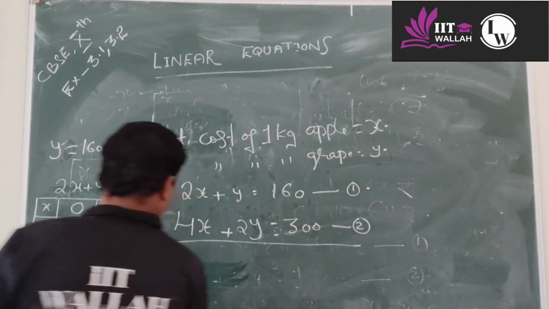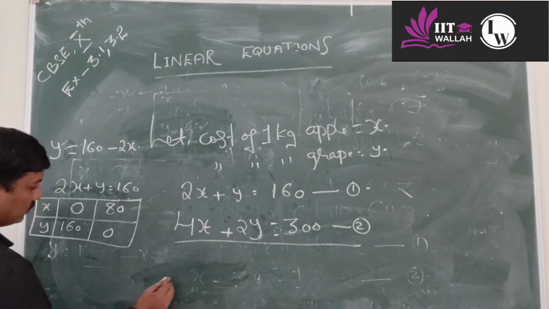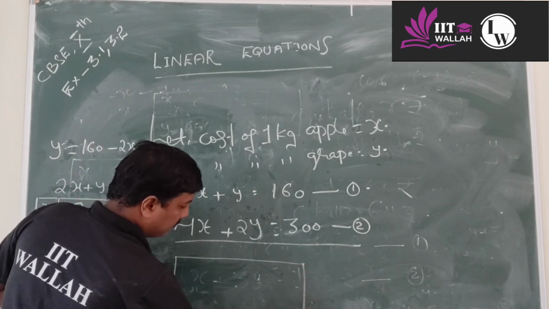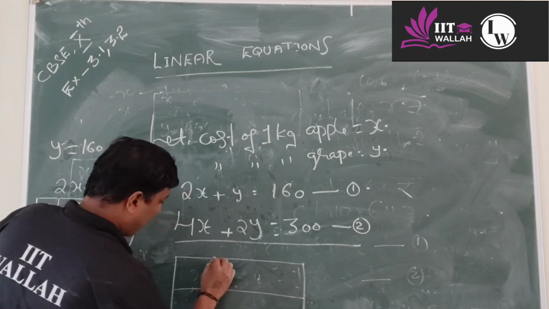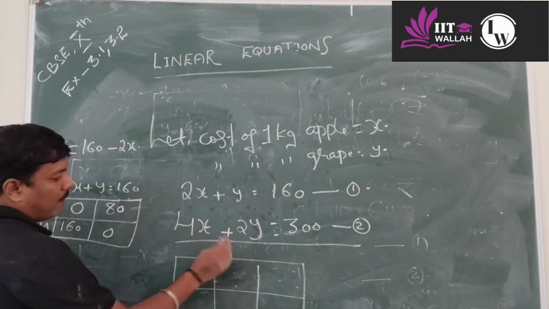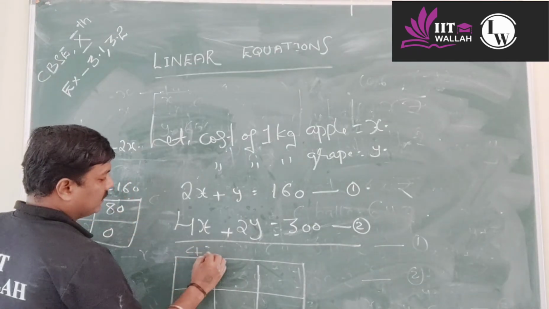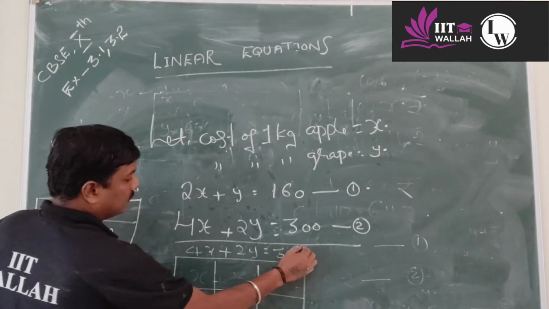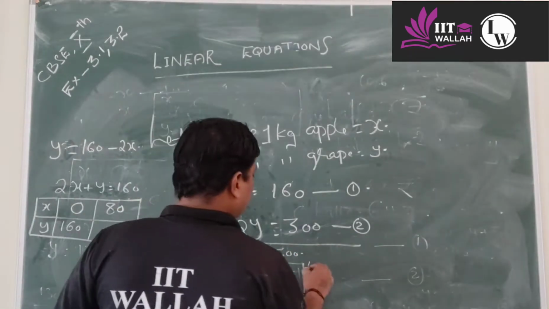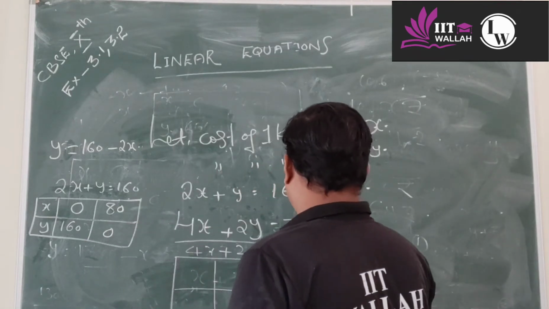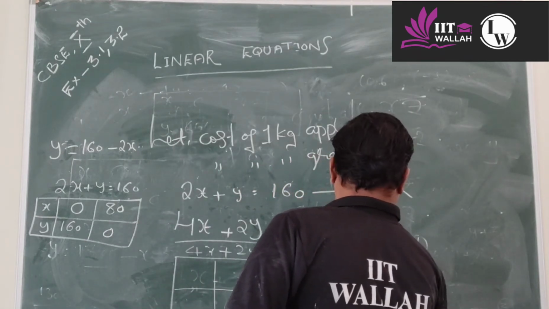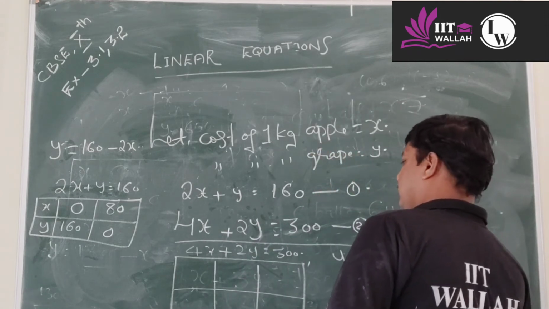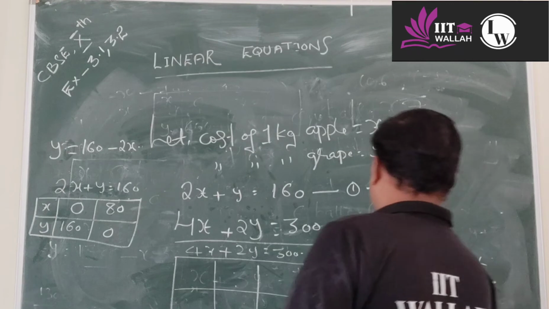Similarly, we need to check this also. So for that, I am going to draw another box. Above that you write this 4x plus 2y is equal to 300. So from this you can understand that y is equal to 300 minus 4x upon 2.